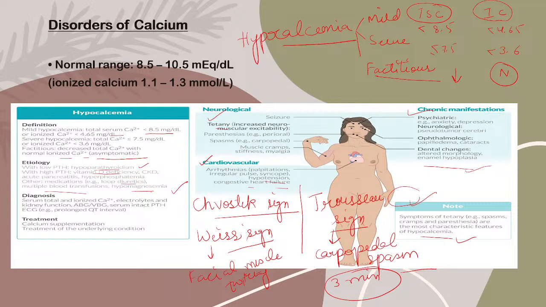Carpopedal spasm is characterized mainly by four things.